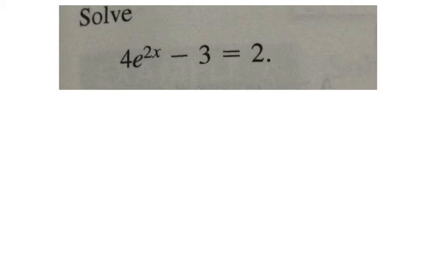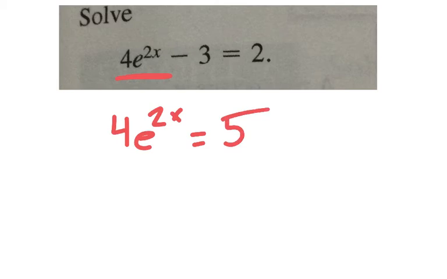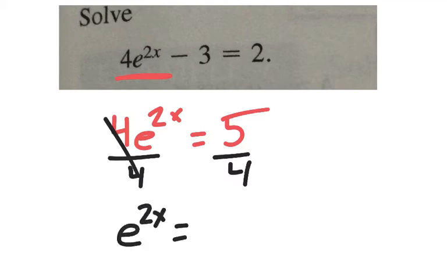I want to get the power by itself, so I'm going to add 3 to both sides, which is going to give me equals 5. Now the power is still not isolated because it's being multiplied by 4. So I need to divide both sides by 4. That gives me e to the 2x equals 5/4. Or you could rewrite that as 1.25.